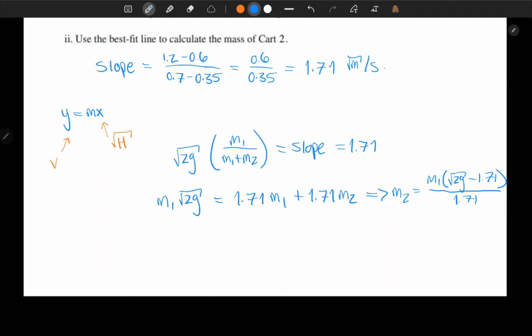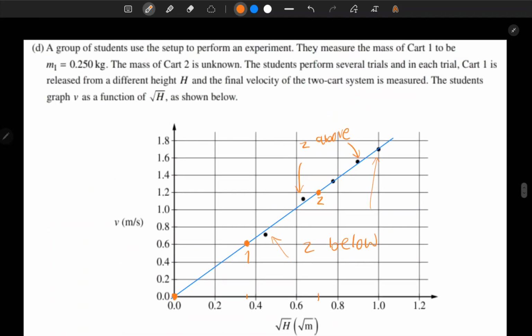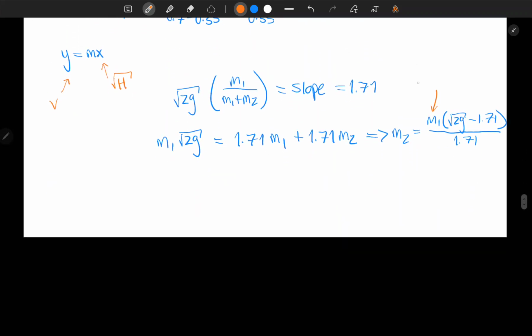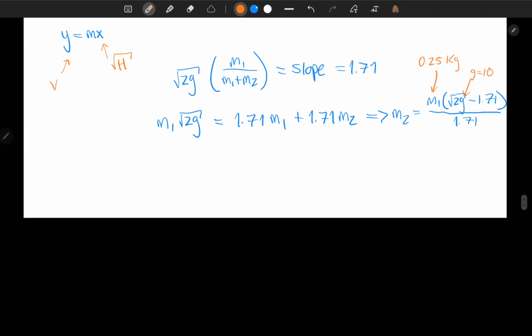So plugging in for all of these values, and noting that the students in this experiment, as described above, found that m1 is equal to 0.25 kilograms, and using that g is equal to 10 meters per second squared, we find that m2 is equal to 0.25 times (the square root of 2 times 10 minus 1.71) divided by 1.71.